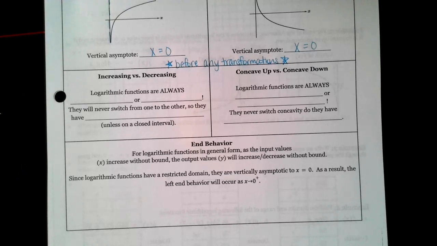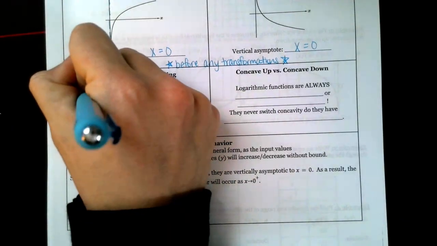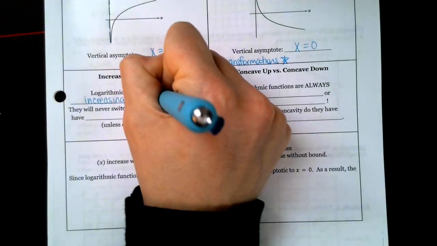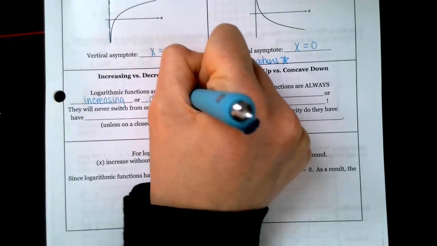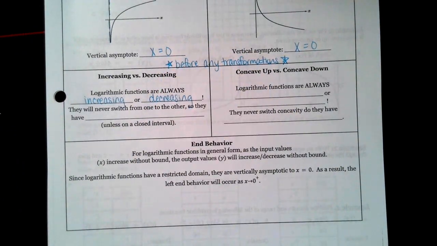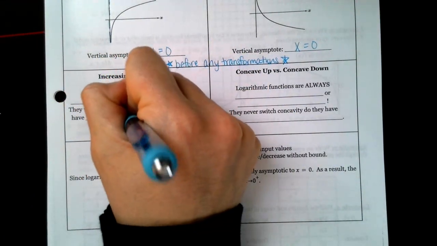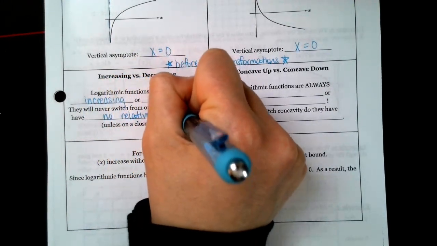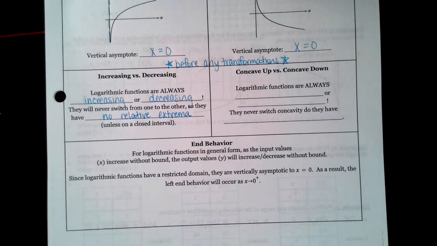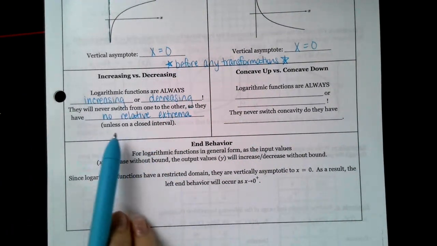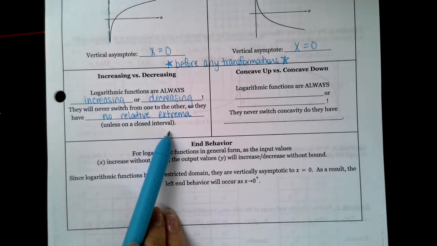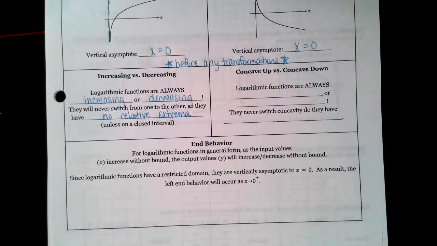When we're looking at logarithmic functions, they are always increasing or they are always decreasing. They never switch between the two, which means they will have no relative extrema, so no relative max or mins. The only caveat to that is unless it's on a closed interval, then we might have something.